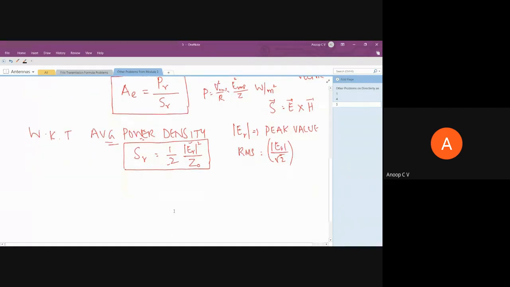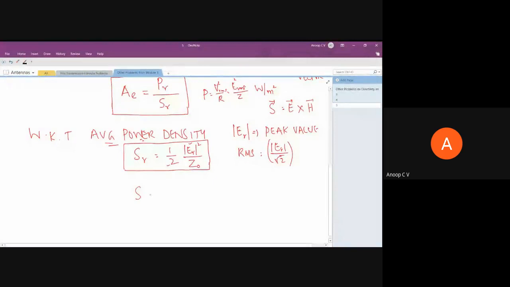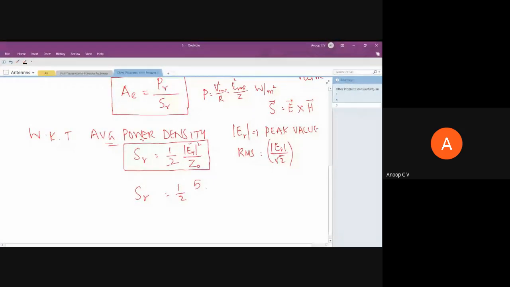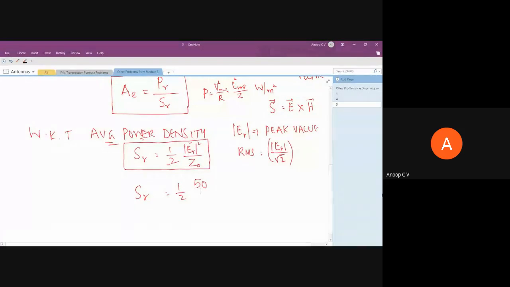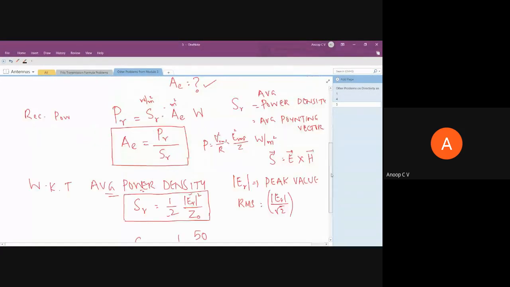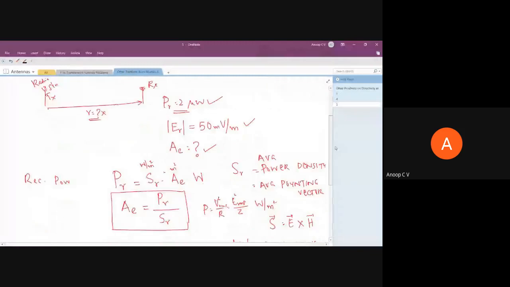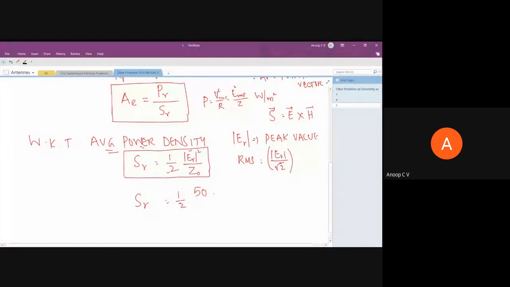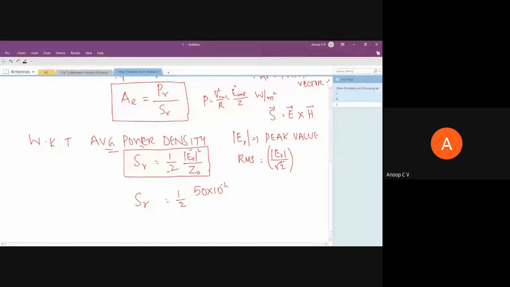Now we can find it. SR is equal to 1 by 2 times mod of E, which is 50 millivolt per meter, so 50 into 10 power minus 3, the whole square, divided by Z naught.